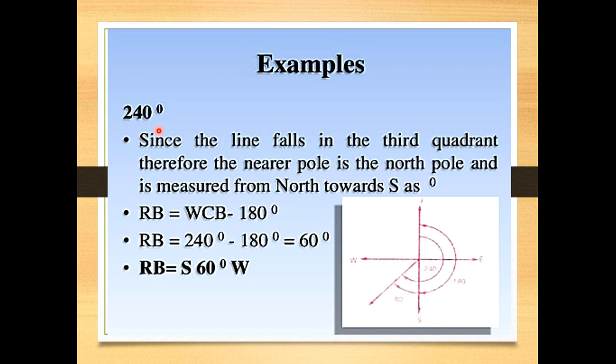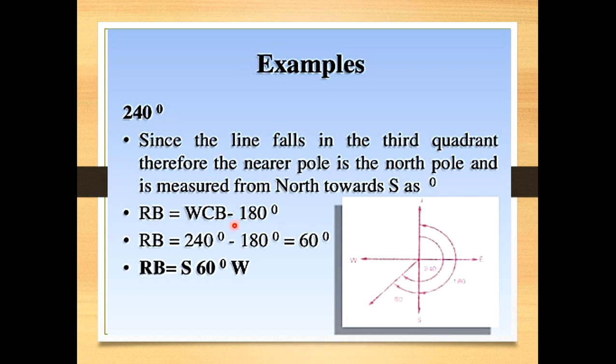Then 240 degree. How to calculate RB? RB is calculated by the formula WCB minus 180 degree. Since the line falls in the third quadrant, right? Therefore the nearer pole is the south pole and it is measured from south towards west.